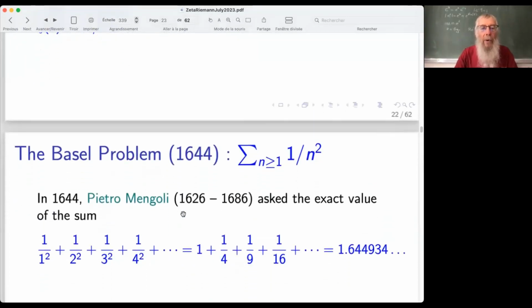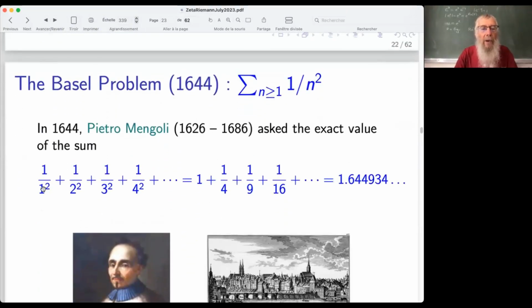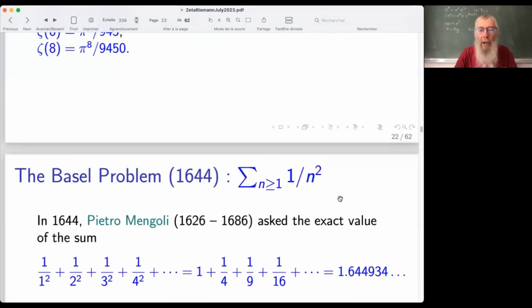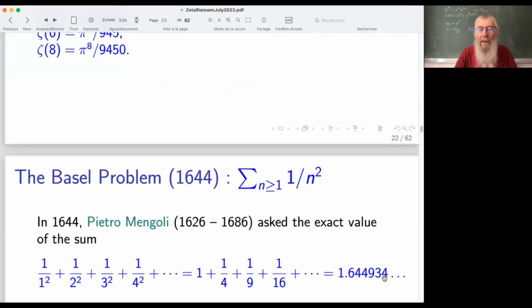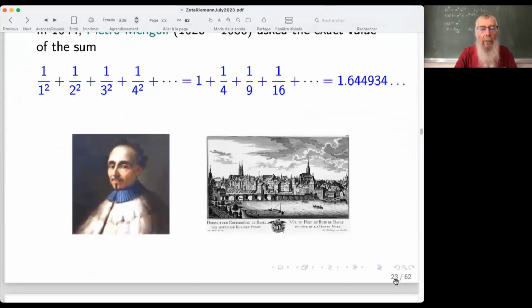It was called the Basel problem, and it was asked by Pietro Mengoli in 1644. Pietro Mengoli asked what is the exact value of the sum, which we call zeta of 2, which is 1 plus 1 over 4 plus 1 over 9, and so on. And the answer is 1.644934, but he asked for a closed formula, as we say.